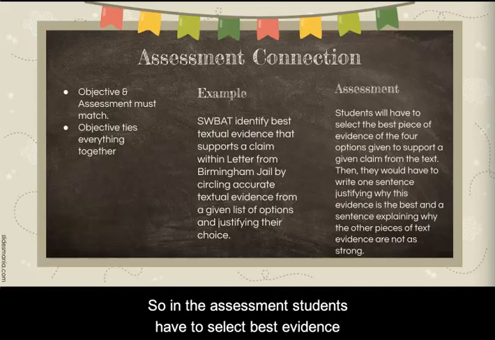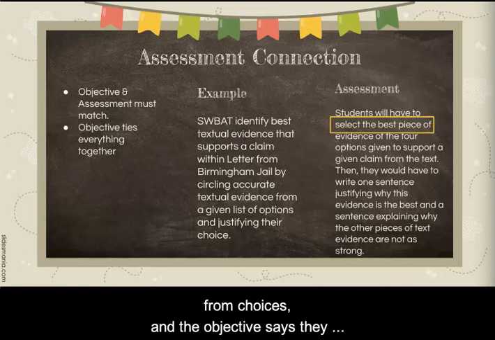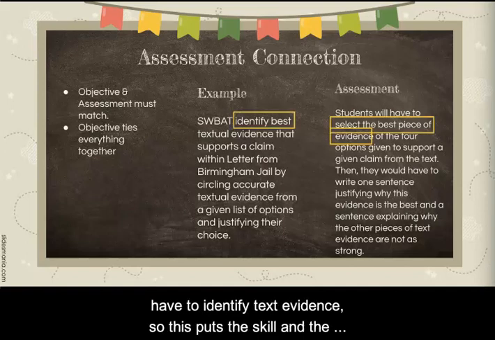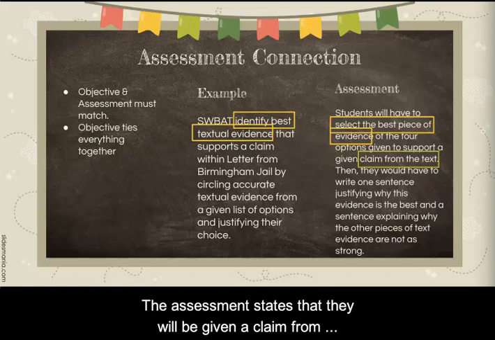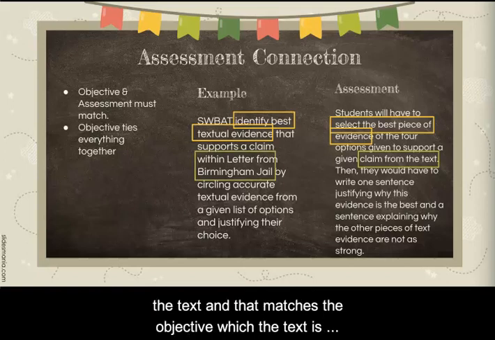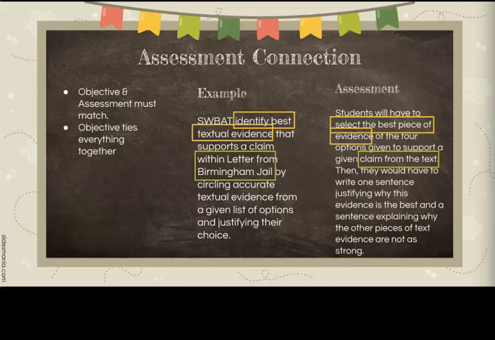So in the assessment, students have to select best evidence from choices, and the objective says they have to identify text evidence. So this puts the skill and the concept together. The assessment states that they will be given a claim from the text, and that matches the objective, which the text is Letter from Birmingham Jail.